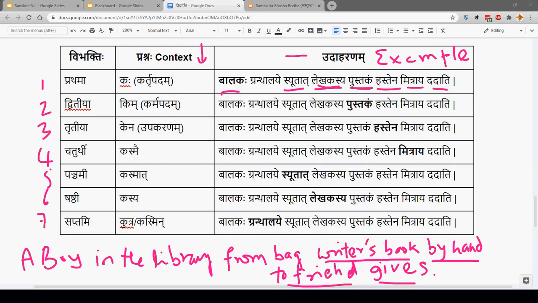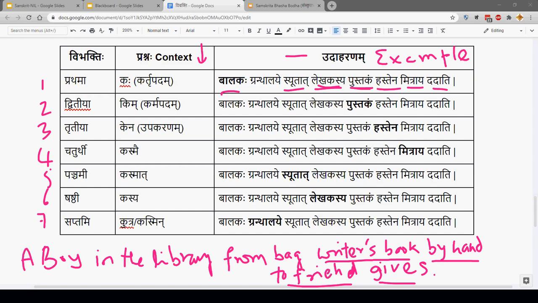We can't just say, a boy in the library from bag writer's book by hand to friend gives. This doesn't mean anything in English. So in English the order has to be properly put: a boy gives a writer's book to a friend from the bag by hand in the library.